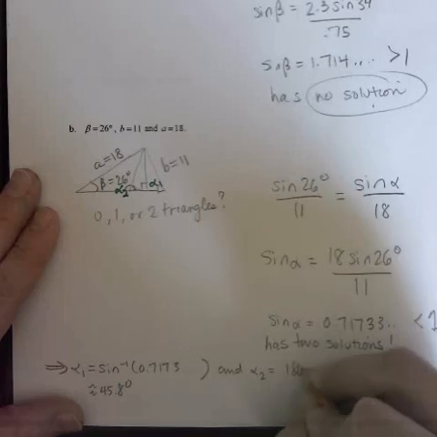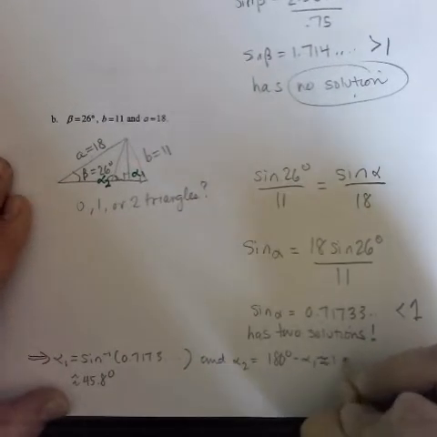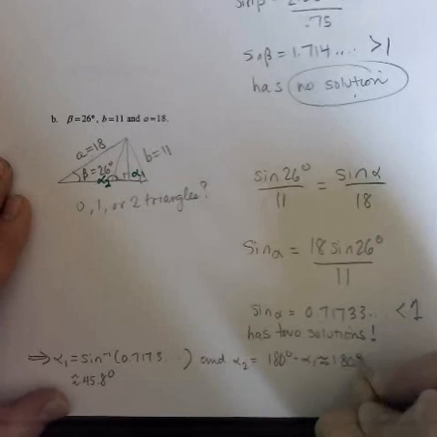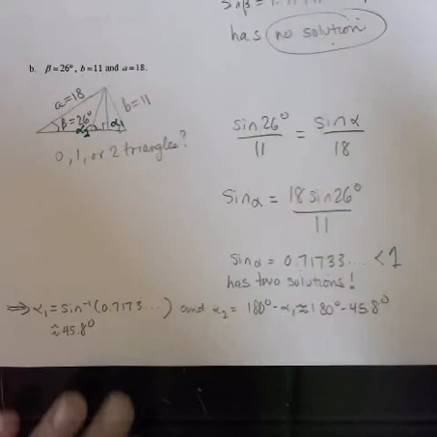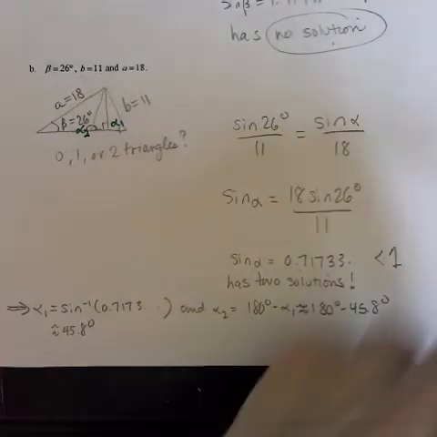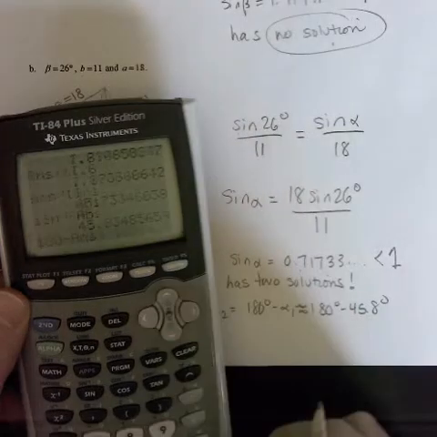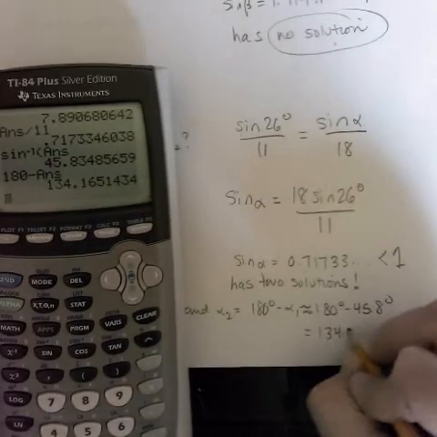I should use approximately here. I should have written smaller, and why did I write so big. Now I'm going to run out of room. Okay, so 180 minus the answer I got here is 134.2 degrees. So there are 2 solutions.